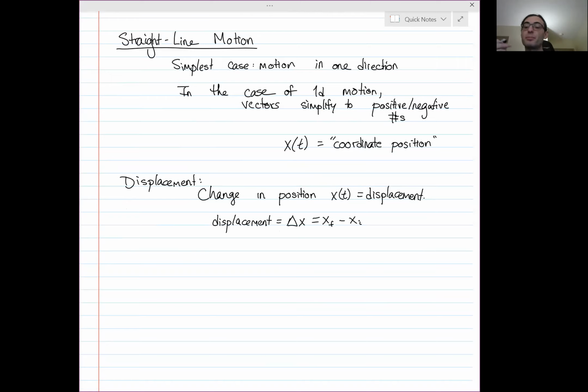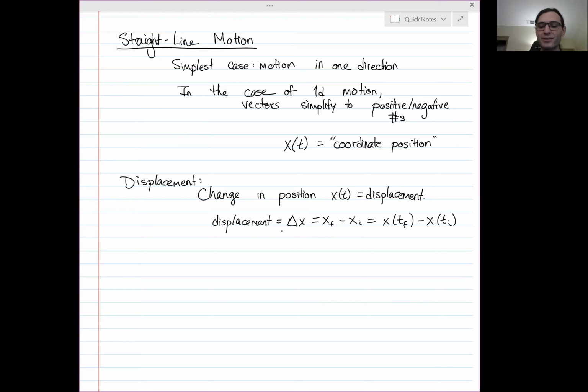Now remember, when I say position, this means coordinate position. So where are you on the x-axis? There's a number associated with that, so that's what it means to subtract. And if those coordinate positions are functions of time, this is really x evaluated at the final time minus x evaluated at the initial time, ti. Hopefully the subscripts make sense.